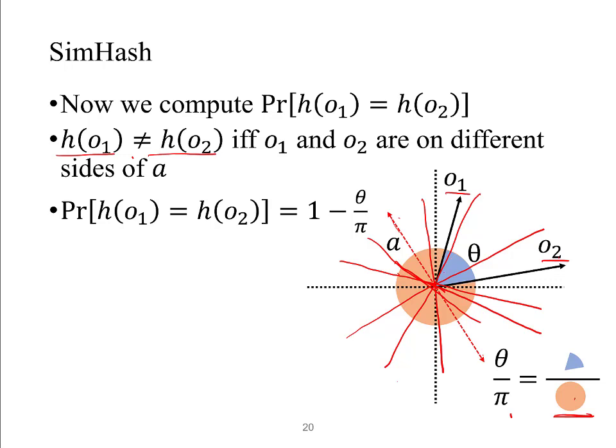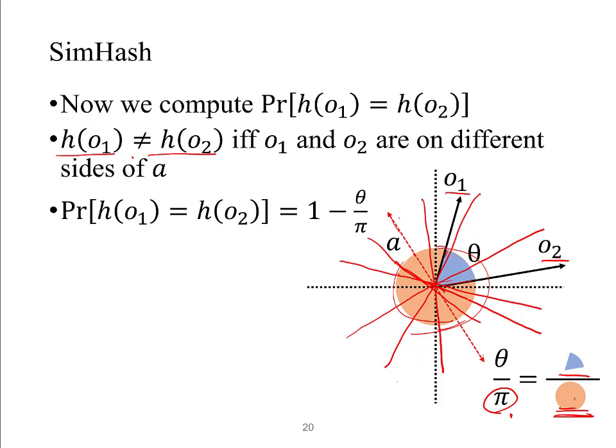So compared with all the possible hyperplanes with regard to this circle here, so this is pi here, we only care about the blue area where the hyperplane touches or crosses the blue area, when HO1 is not equal to HO2.